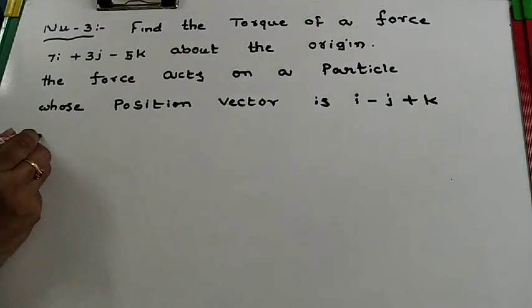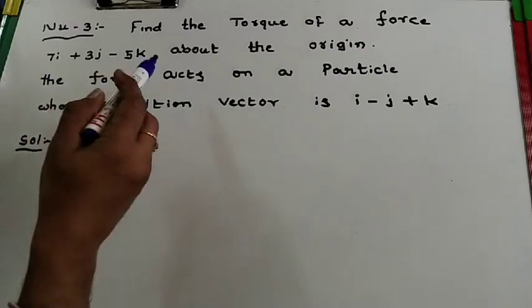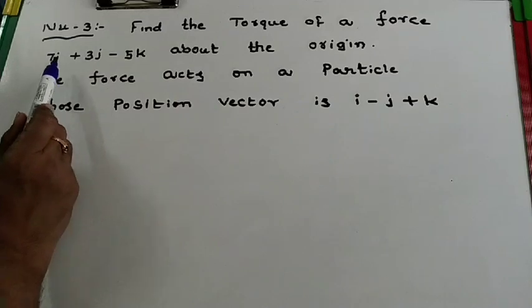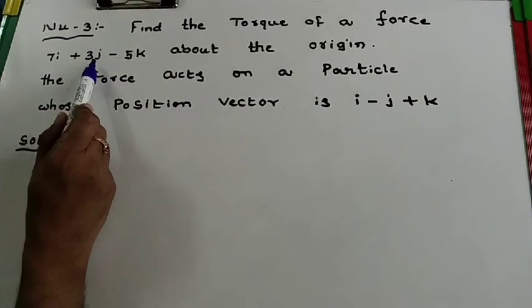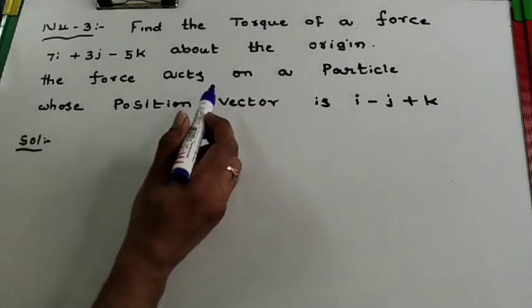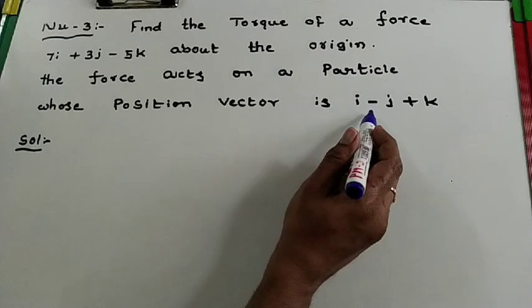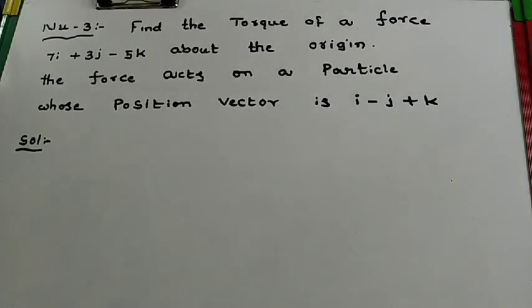Now solution. Once again I am repeating the question. Find the torque of a force 7i plus 3j minus 5k about the origin. The force acts on a particle whose position vector is i minus j plus k.